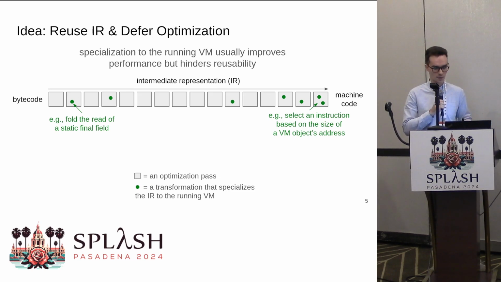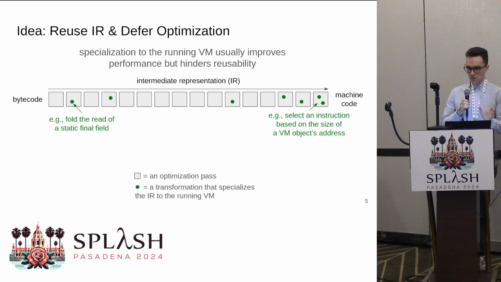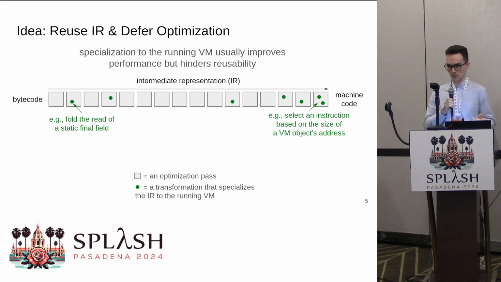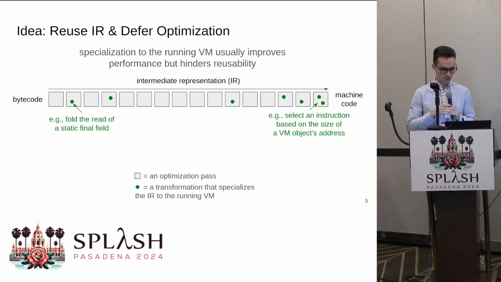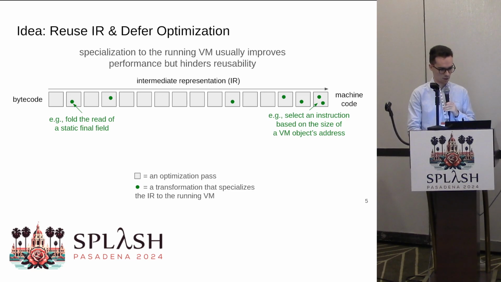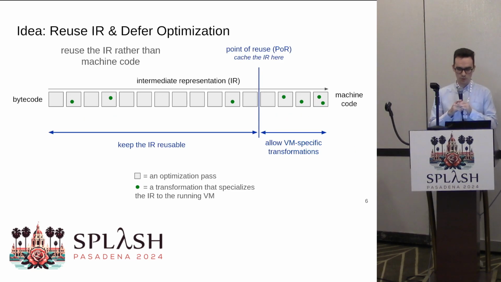Later in the compilation pipeline, if the IR references some VM objects with a relative address, then this optimization could be something like choosing a specific instruction sequence. It could maybe select a shorter instruction sequence if that relative address is small enough. This is an optimization that is very specific to that particular VM instance. And this is what we actually want to do.